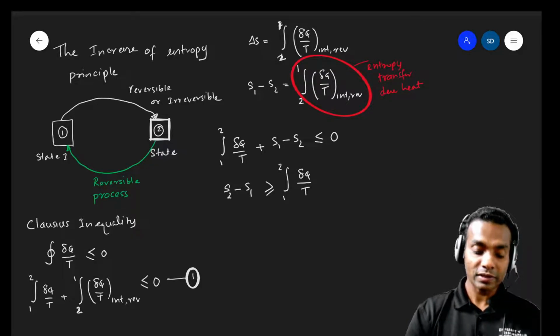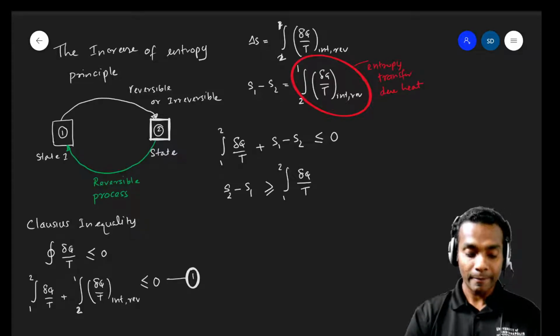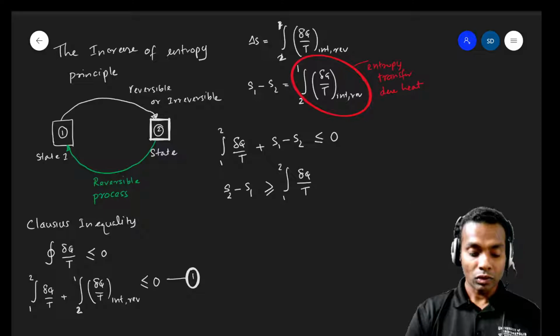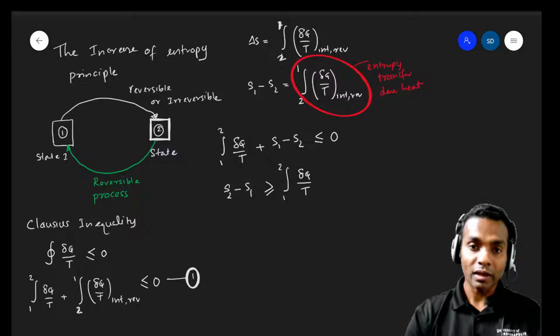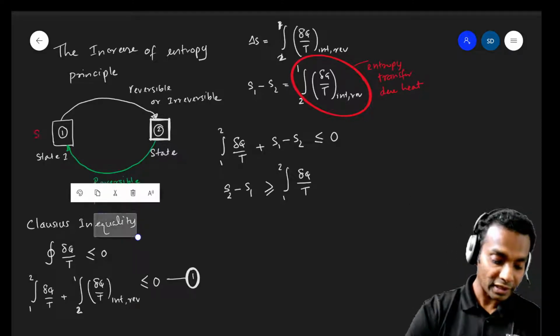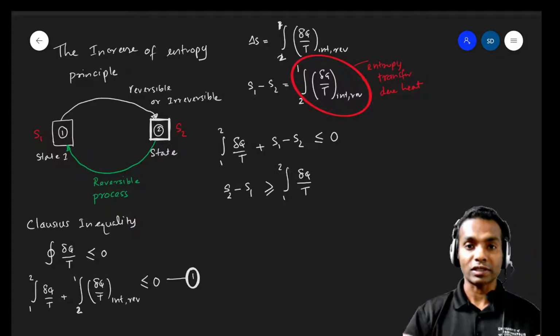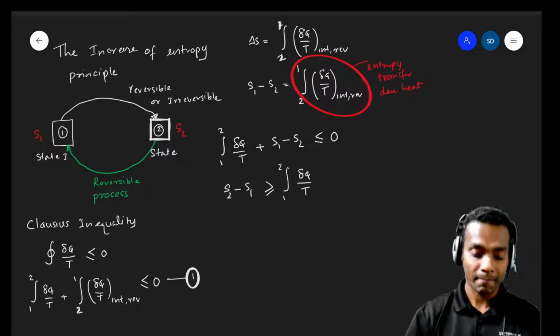So there should be some quantity that needs to be added to supplement the rest of the amount of entropy change that takes place in the process 1 to 2, because the entropy at state 1, that is S1, and the entropy at state 2 are not going to change as long as the states are the same.